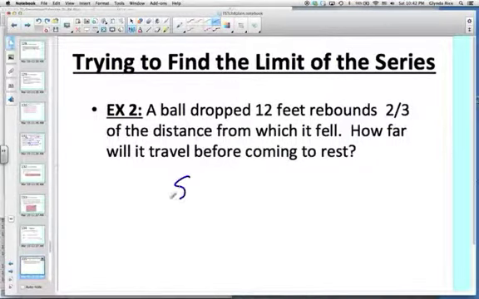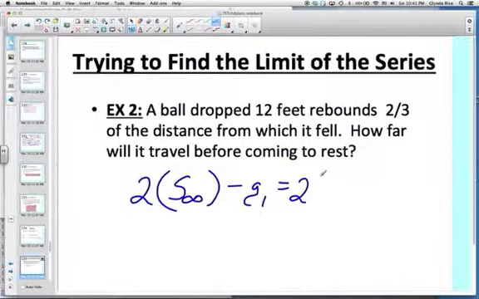We again take the series, but now it's an infinite series, times 2 minus our initial g1, so that's 2 times 12 feet over 1 minus 2/3, and then we subtract 12 feet.